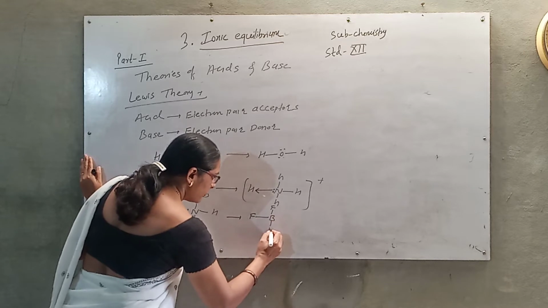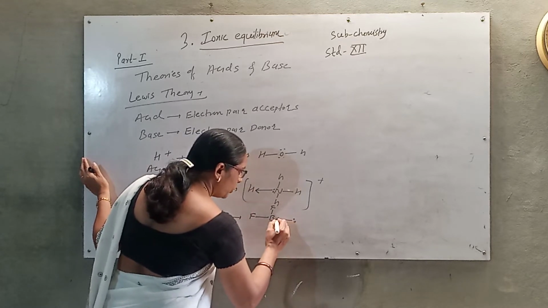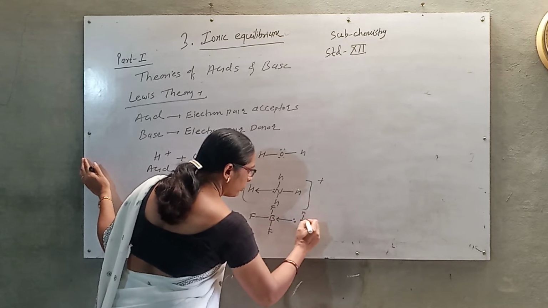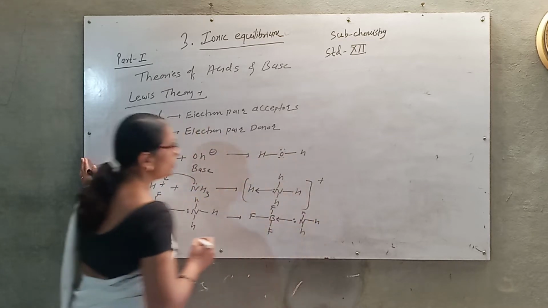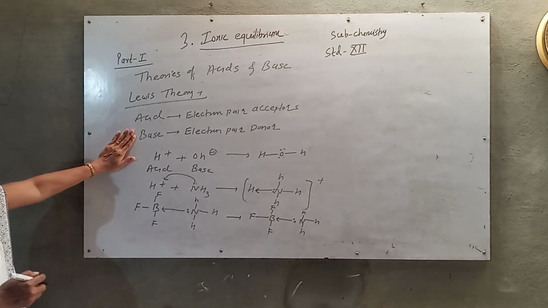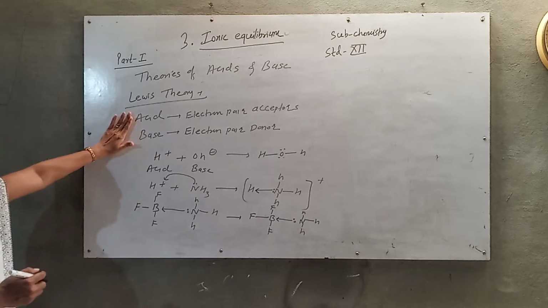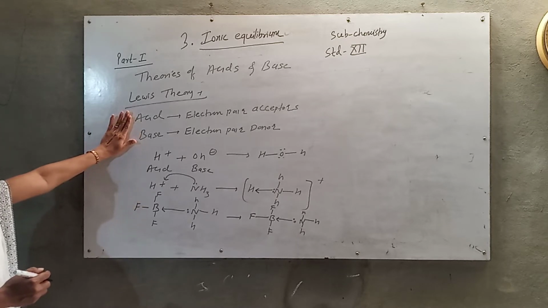In this way a coordinate bond is formed by the donation of the lone pair by ammonia. So Lewis theory explains acid and base in terms of electron pair donor as a base and electron pair acceptor as an acid.